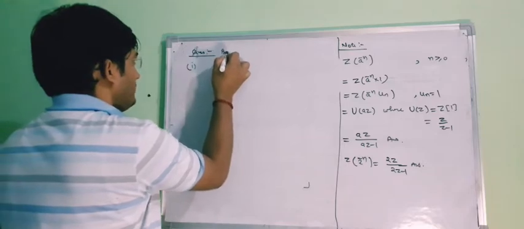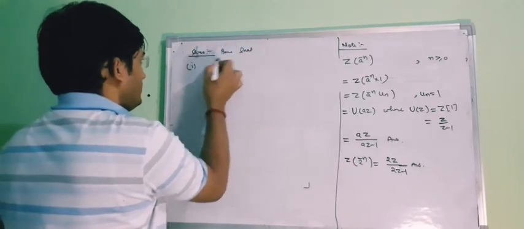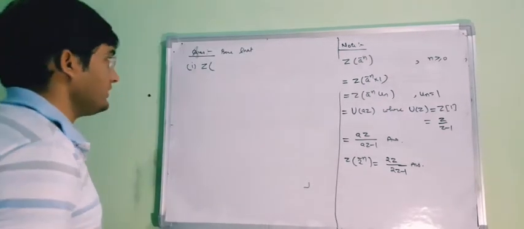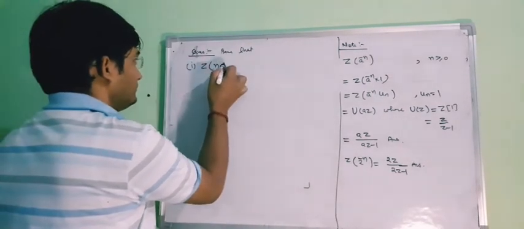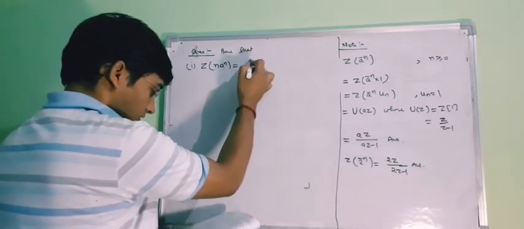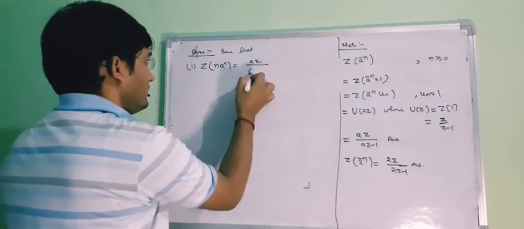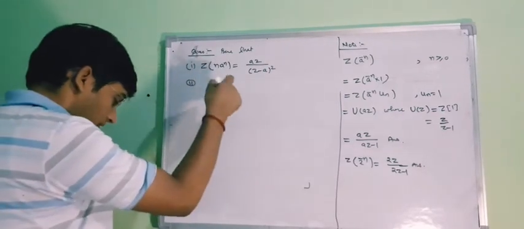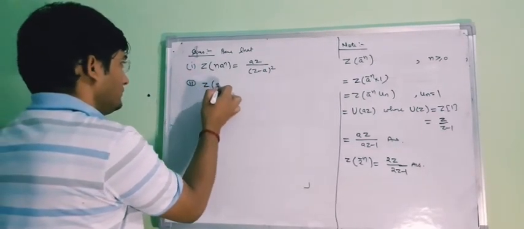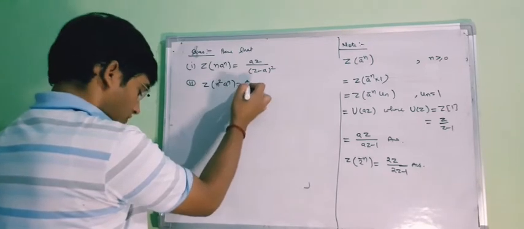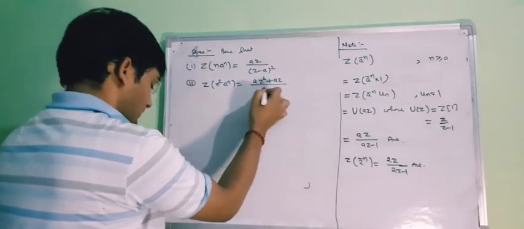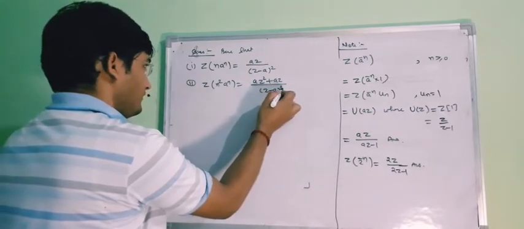Prove that the Z transformation of n into a power n is equal to az upon z minus a whole square, and all these are based on your damping rule. This will be az square plus az upon z minus a whole cube.